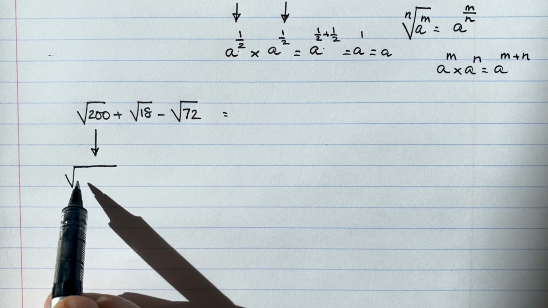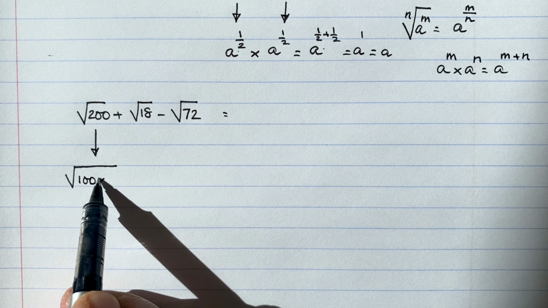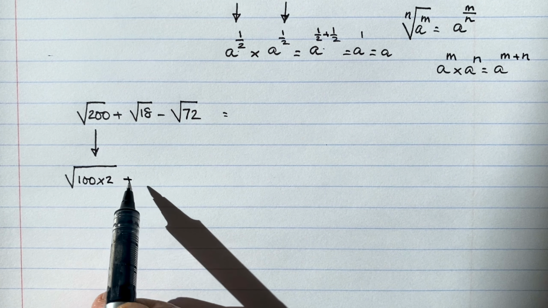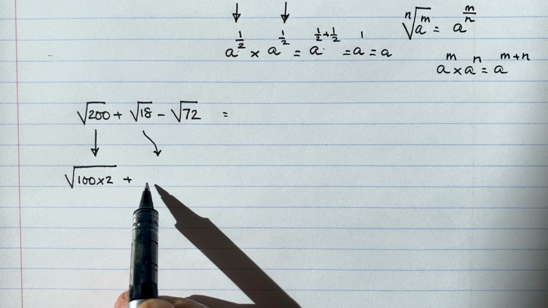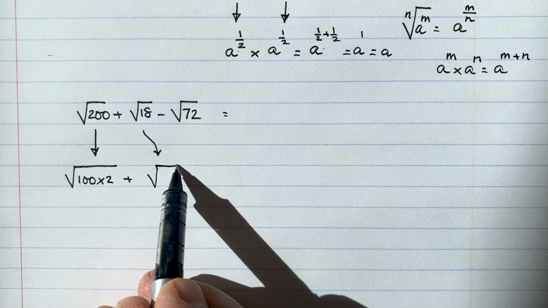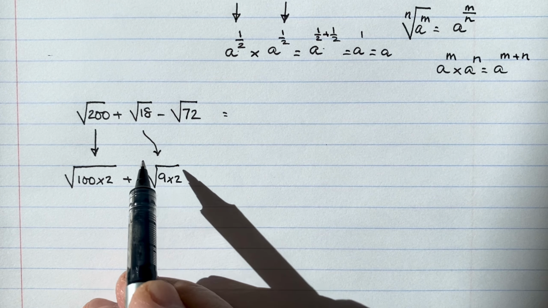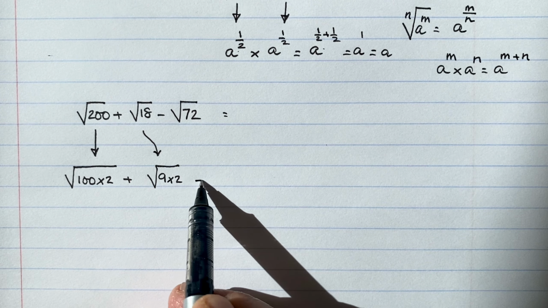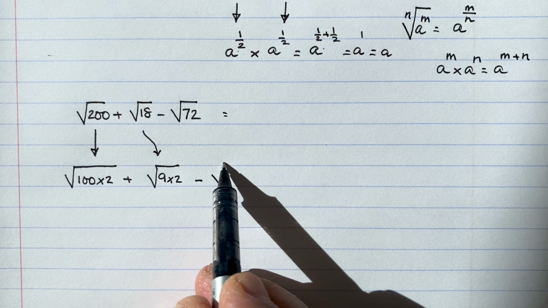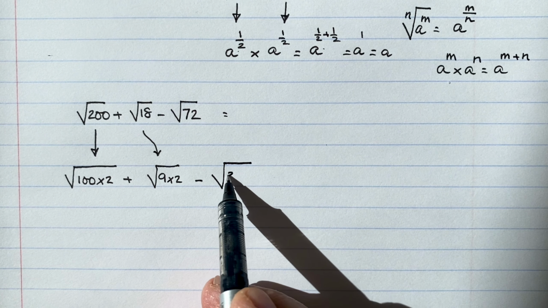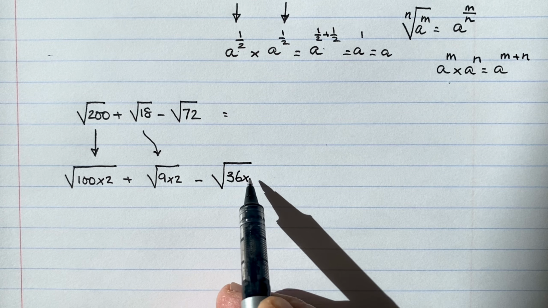So that becomes 100 times 2. 18, root of 9 times 2. 9 is the biggest square number that fits into 18. Take away, we've done root 72 earlier on, would be 36 times 2.